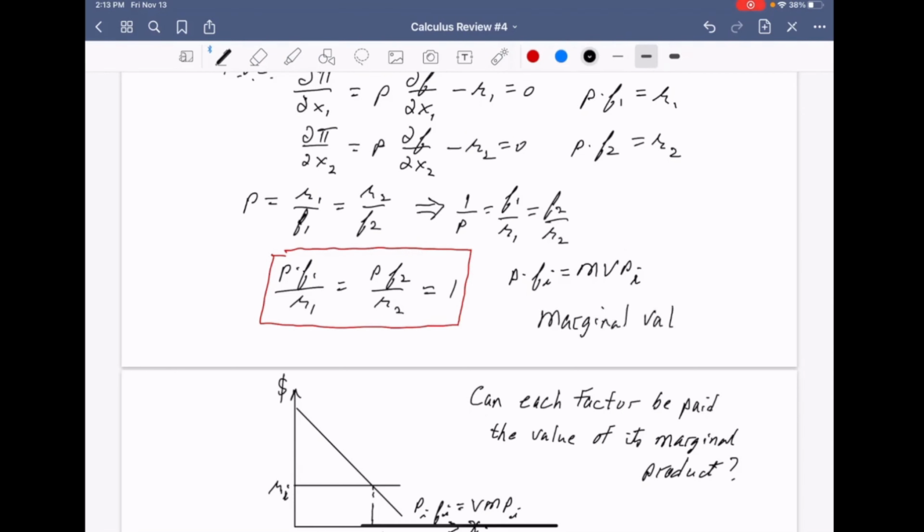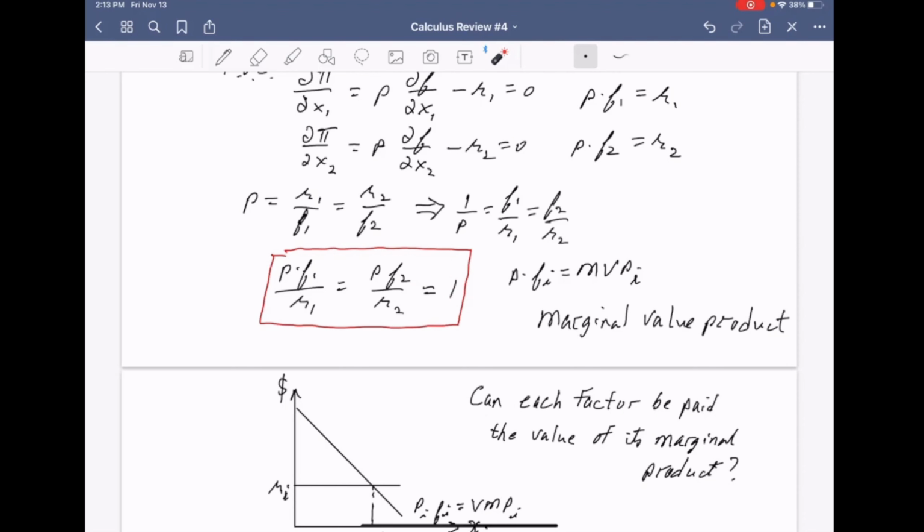And what we have along any expansion path is this condition, that the value of the marginal product divided by the input price of one good is equal to the value of the marginal product divided by the input price of another good, and that in equilibrium, if profit is maximized, it's equal to 1.